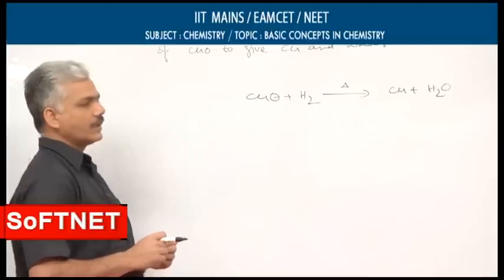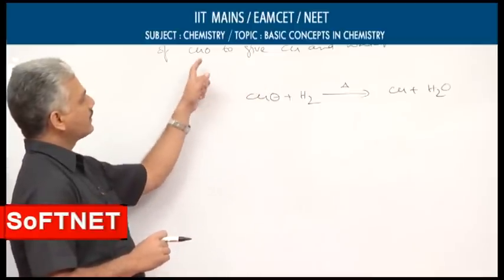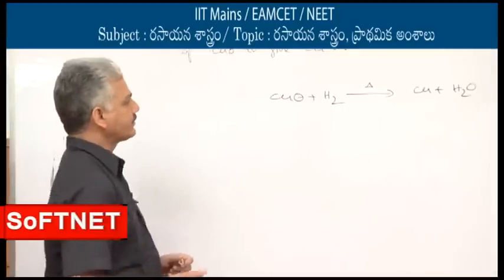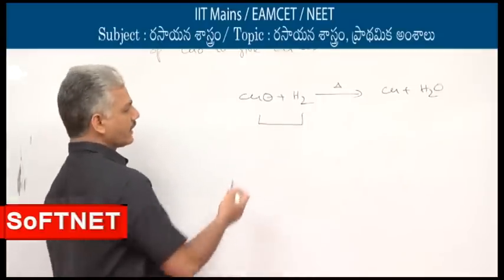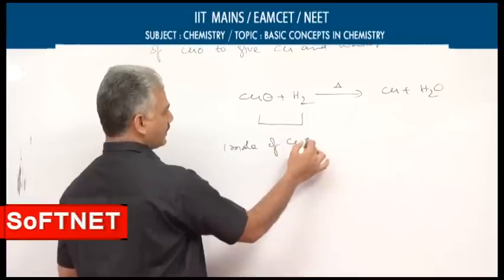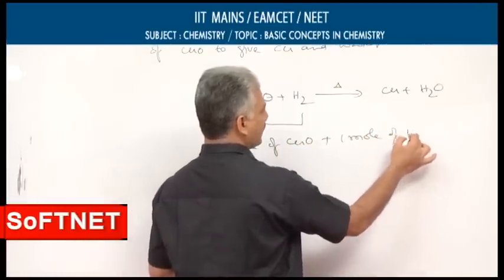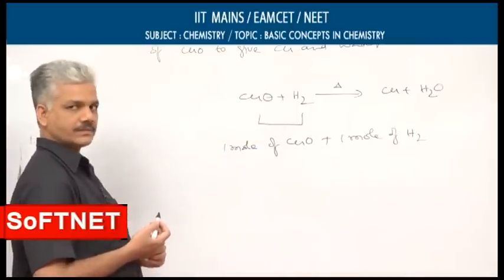Now, pick up the molar relation required to solve the problem. A given weight of copper oxide is given, and you have to calculate the volume of hydrogen. So, this is the molar relation required. As per the balanced equation, 1 mole of copper oxide requires 1 mole of hydrogen gas for its complete reduction.